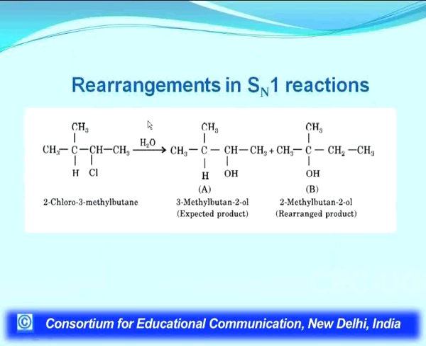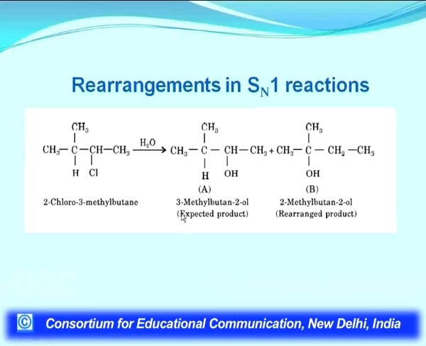Then one more thing that we observe in SN1 reactions is rearrangement. Sometimes products are obtained in which rearrangement of the carbon skeleton has occurred, like in this molecule, 2-chloro-3-methylbutane. This is the starting compound. When it is hydrolyzed with water, that is, Cl is substituted by water, this is our expected product, where Cl will leave and OH will come here.